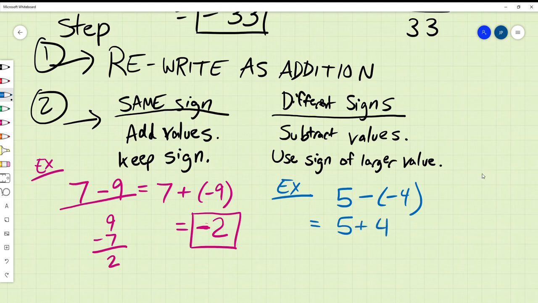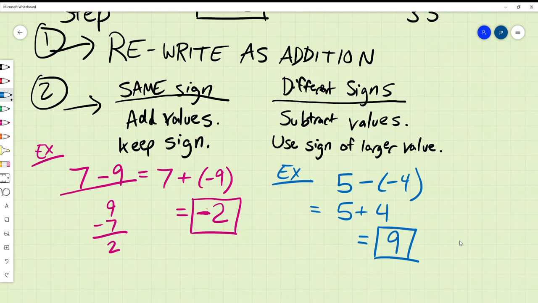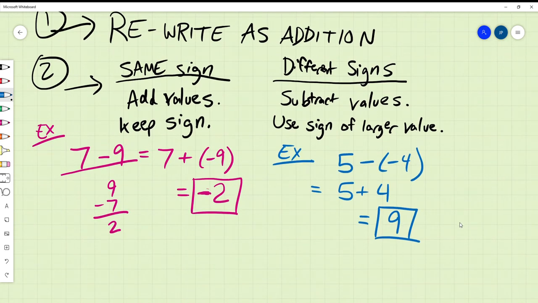Now we have an addition problem. Our signs are both the same, they're both positive. We add the values together. 5 plus 4 is 9. Our final value is positive 9. So no matter what your numbers are, this two-step process is going to work.